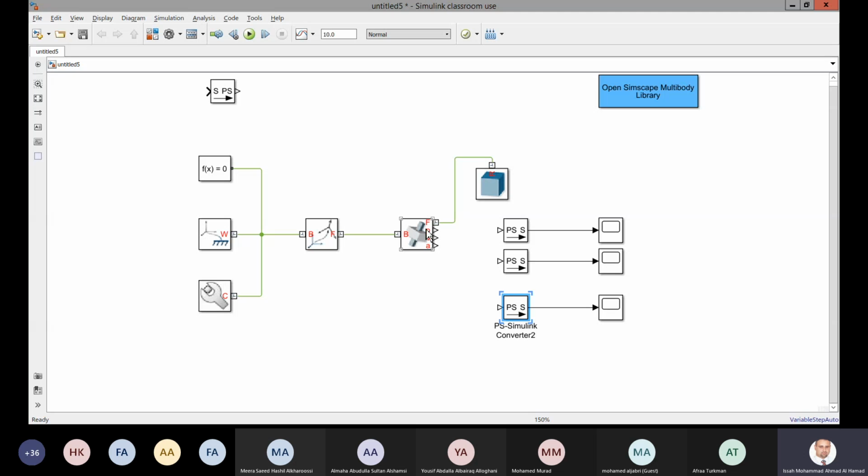I will take the first signal here. I will take the velocity signal here, and I will take the acceleration signal here. Okay. Now it should work. Now, if we press on enter, it should work. However, before it works, I need to show you how to add annotation for the lines, connections, and the blocks itself.